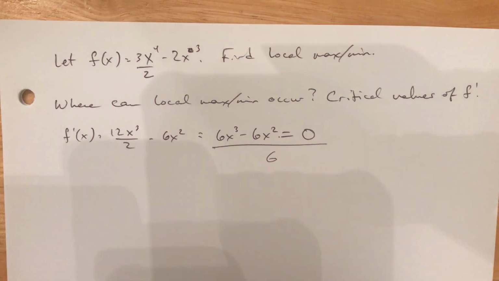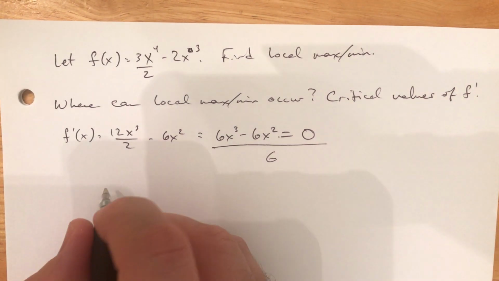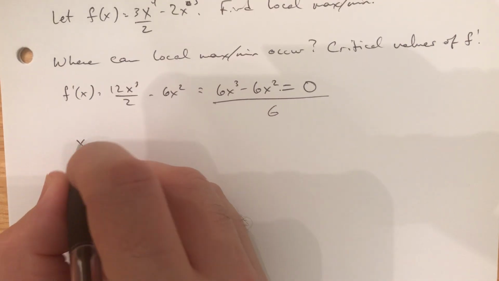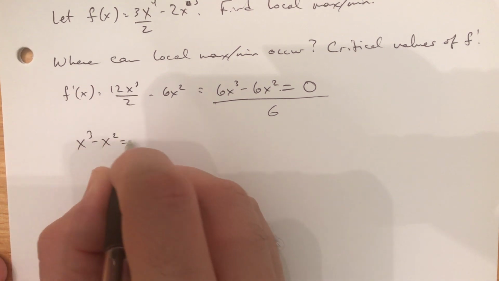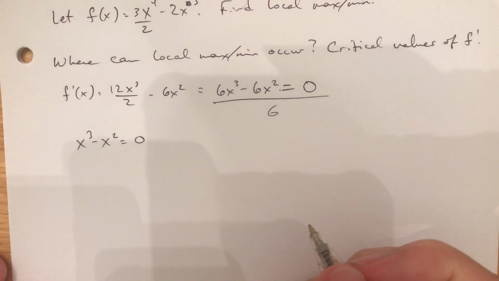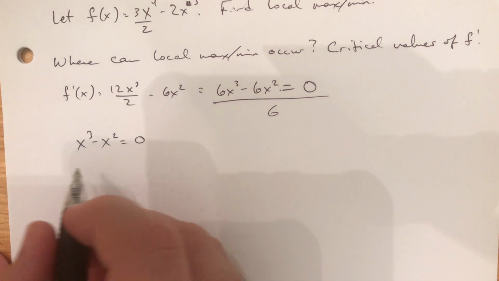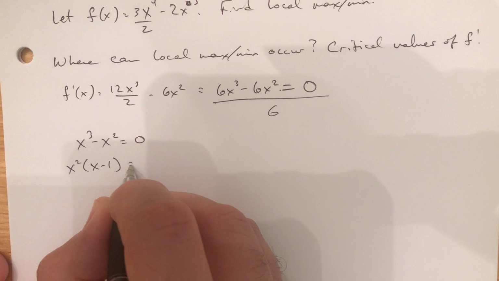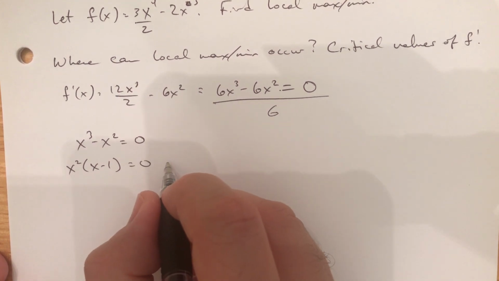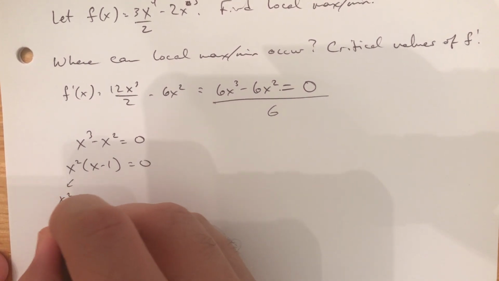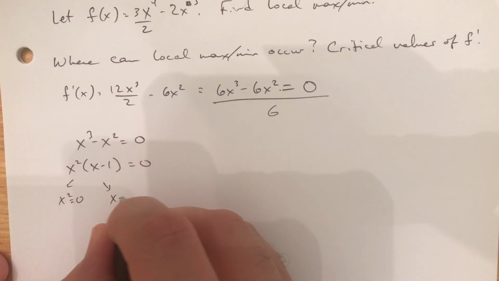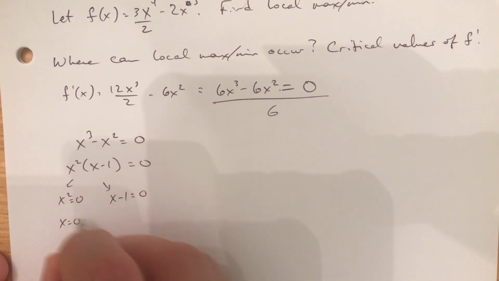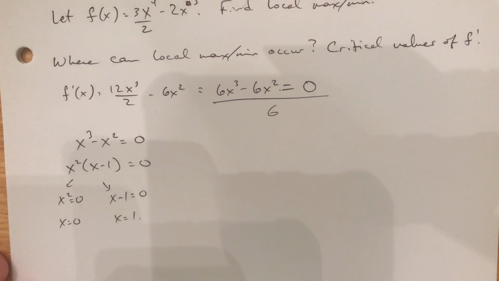There's a common factor of 6 that we can get rid of. That leaves us with x cubed minus x squared equals 0. We can factor out a common factor of x squared. And when we set those factors equal to 0, we get that x is 0 or x is 1.